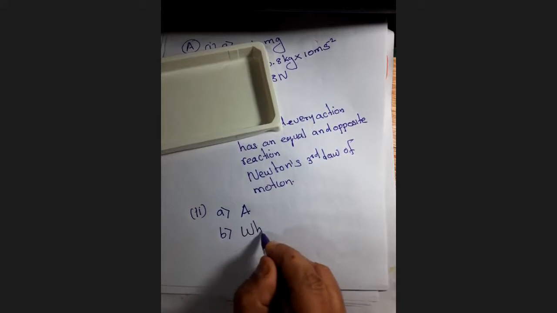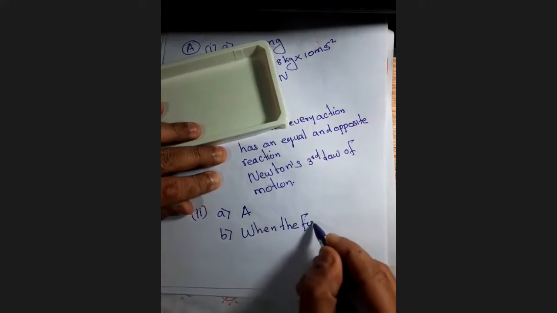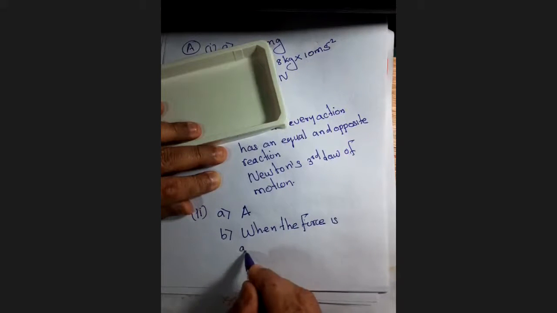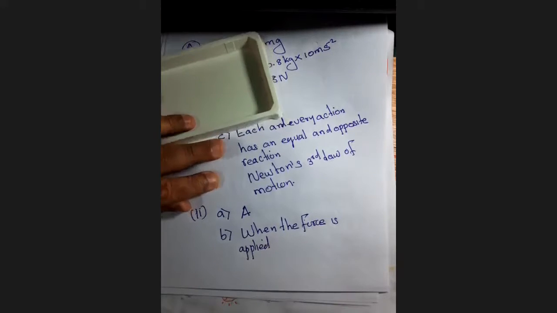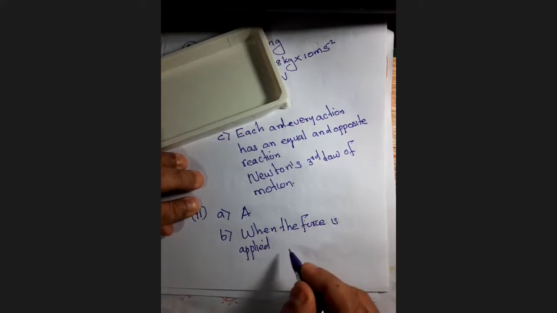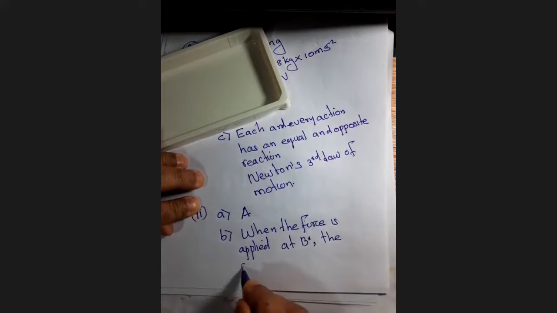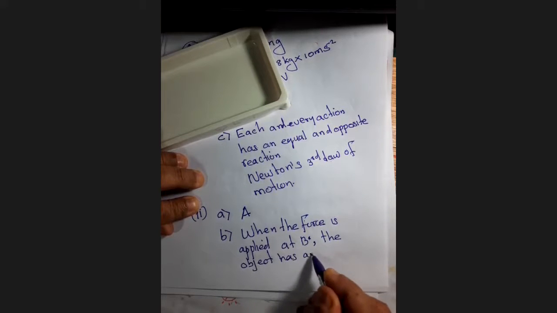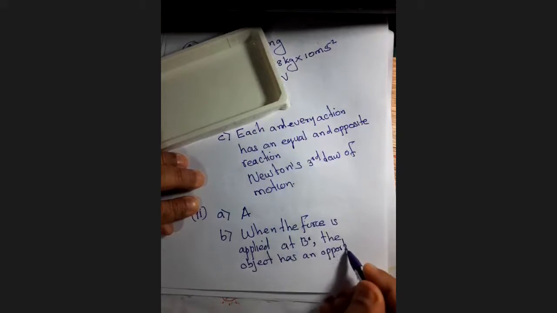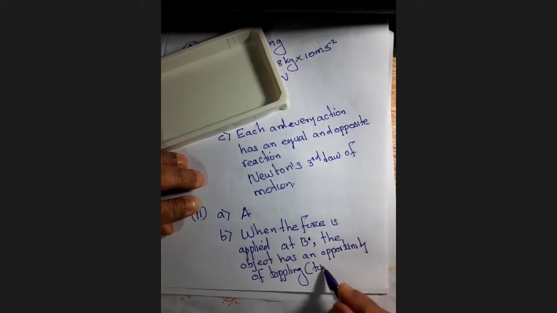When the force is applied at B, the object has an opportunity of toppling, that is turning effect of force.